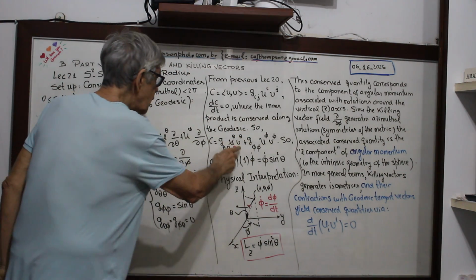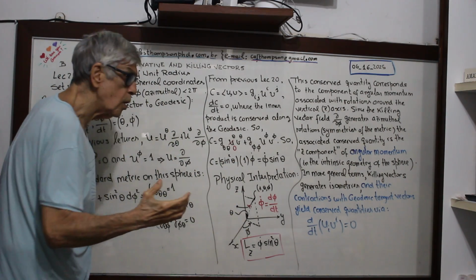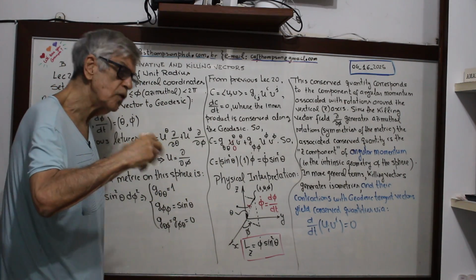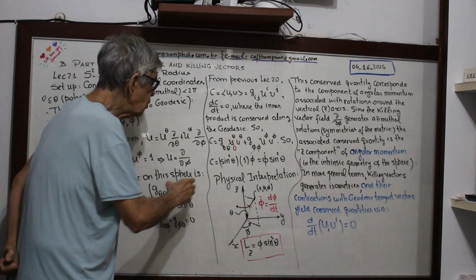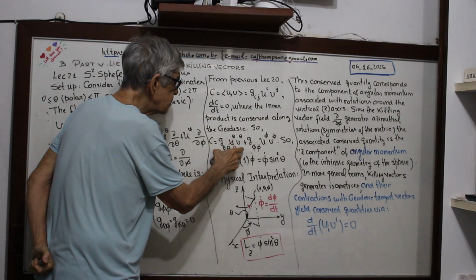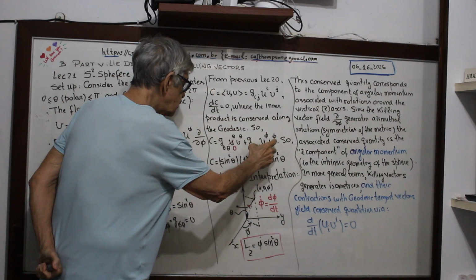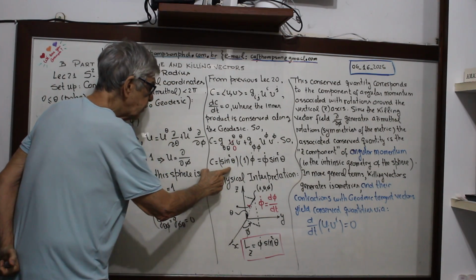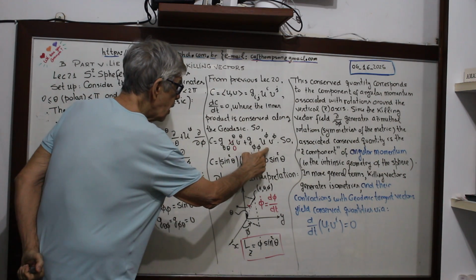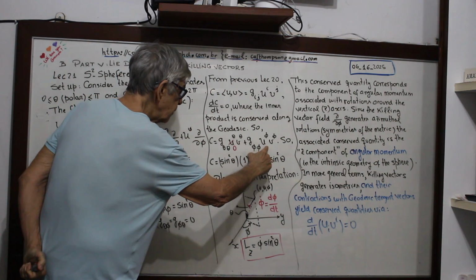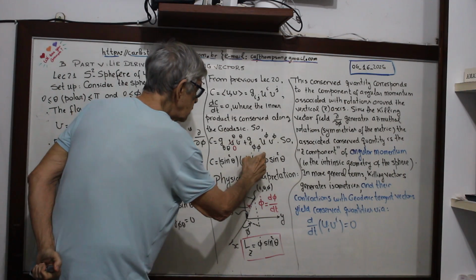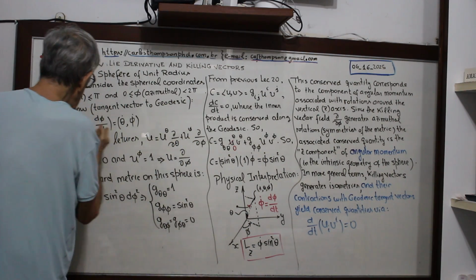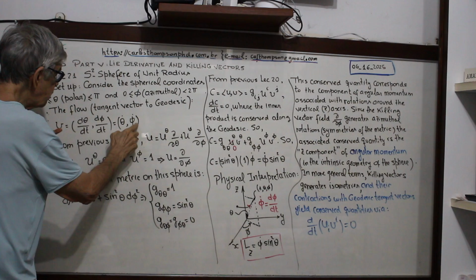Attention now, u theta is 0 according to the previous lecture. So this term will be 0, and this leads to C equals sine square of theta times 1, since u phi is 1 and v phi is phi dot.